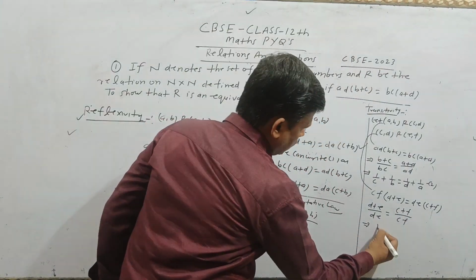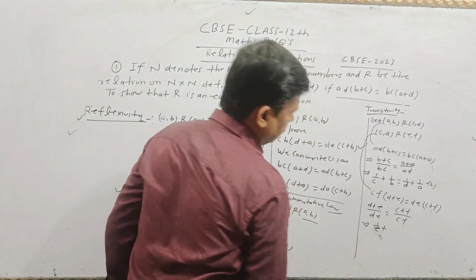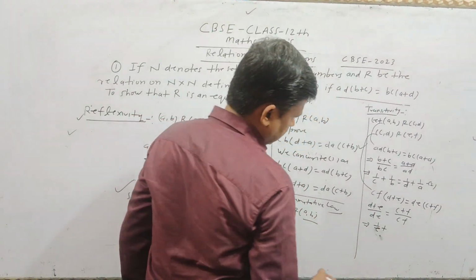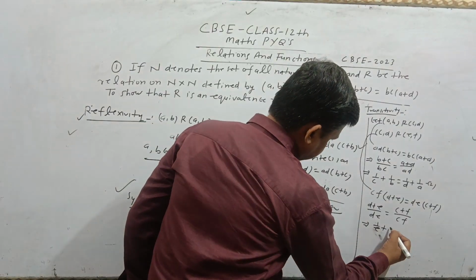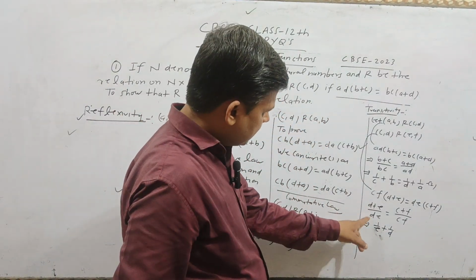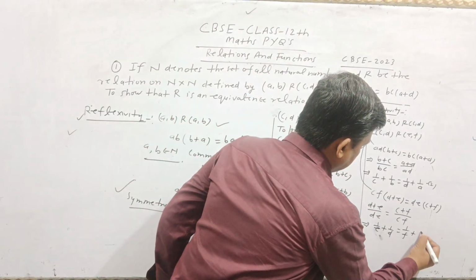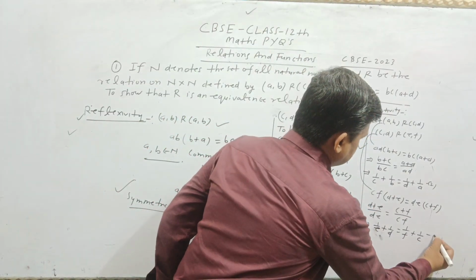You can write 1 upon E plus 1 upon D is equal to 1 upon F plus 1 upon C. It is equation number 3.